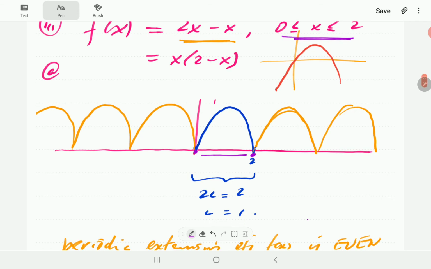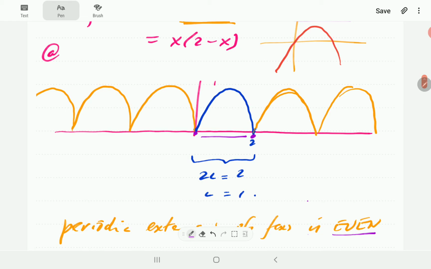We could use 2 to 4, but then we'd have to find the functional form of this parabola, which is this one shifted to the right by 2. So it's going to be more complicated.